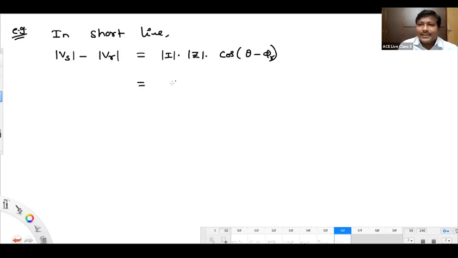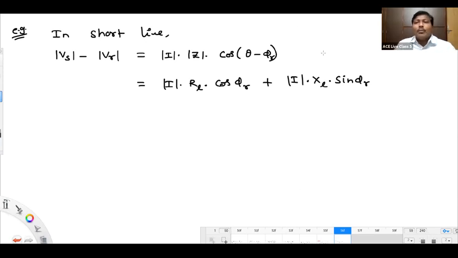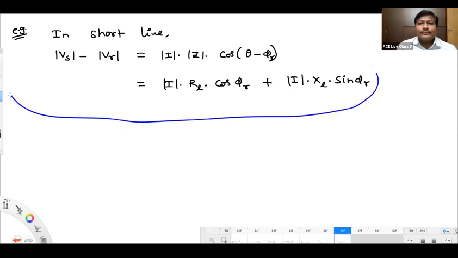After doing that expansion, you came to know that for the lagging power factor load, it is mod I into line resistance into cos phi r plus mod I into line reactance into sin phi r. Okay? See this.